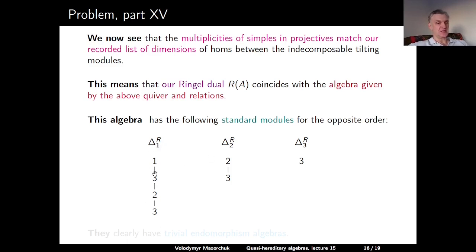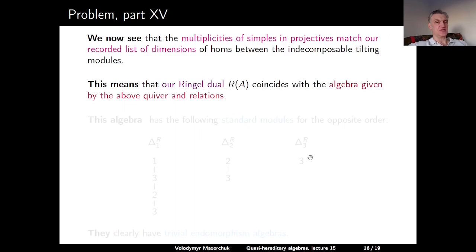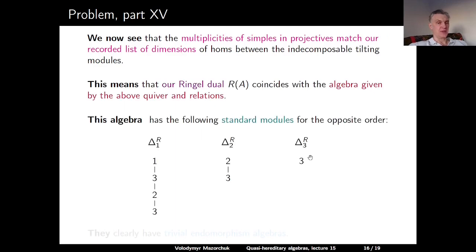So delta 1 is just P1. So P2 has delta 2 on top if we kill the delta 1, and delta 2 is 2 on top of 3. And P3 has here a copy of P2 which we kill, and here a copy of P1 which we kill, so delta 3 is just L3.